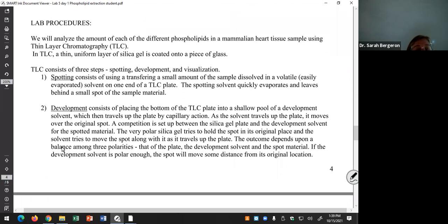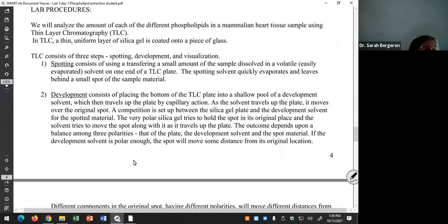So it's really important that your development solvent be polar, right? Because remember, like dissolves like. If I want my sample to actually move and not be stationary, it has to be dissolved inside of the solvent. So if my phospholipids are polar, are they polar? We have polar head groups.